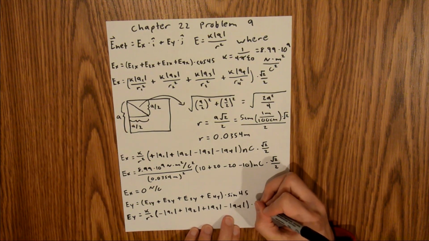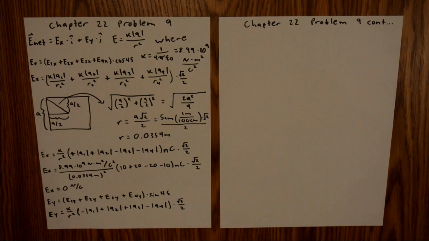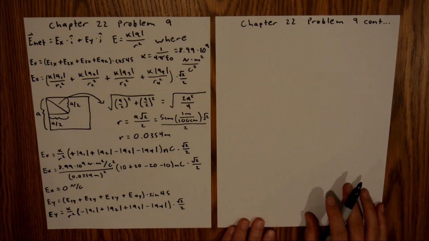And then the sine of 45 is the square root of 2 over 2, similar to the cosine of 45. And so we have all of the values that we need to fill in this expression, and so I'm going to plug those right in.